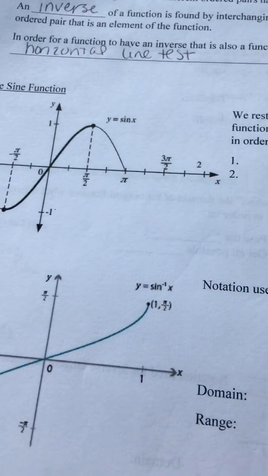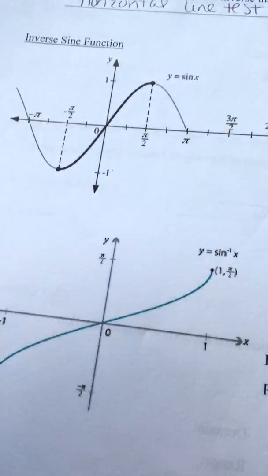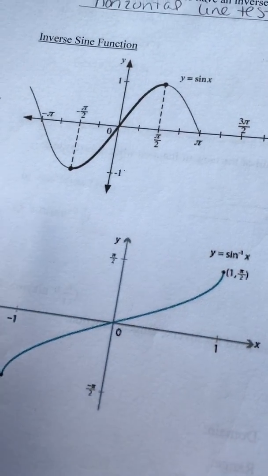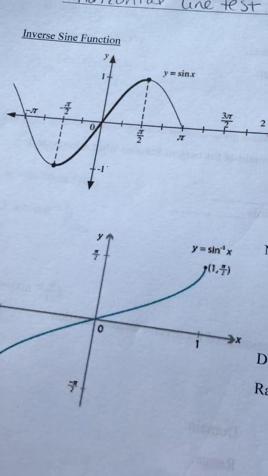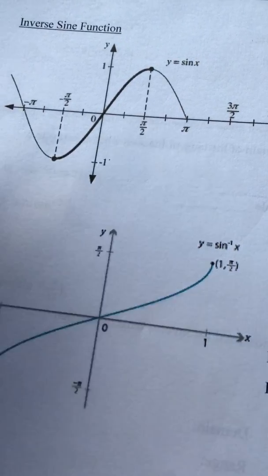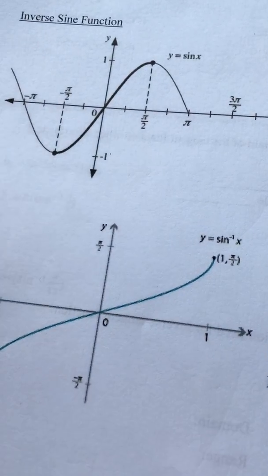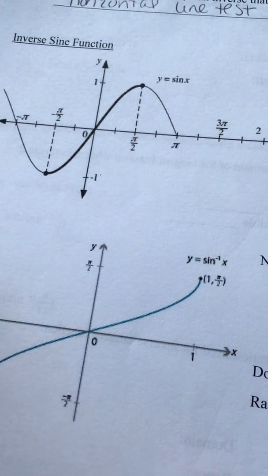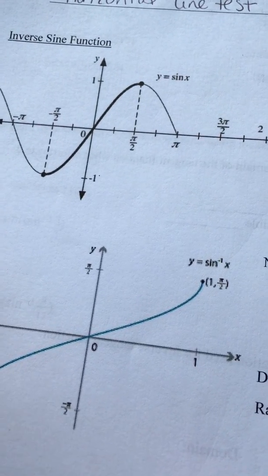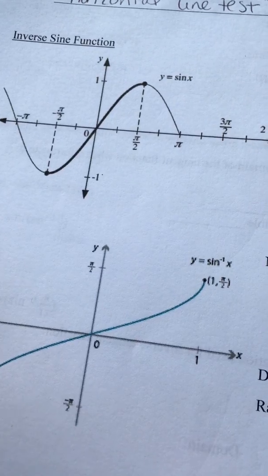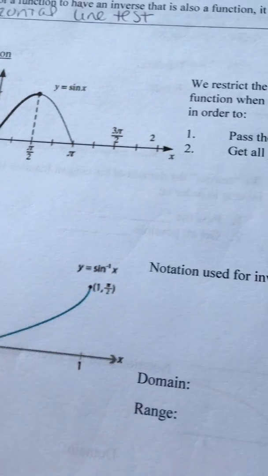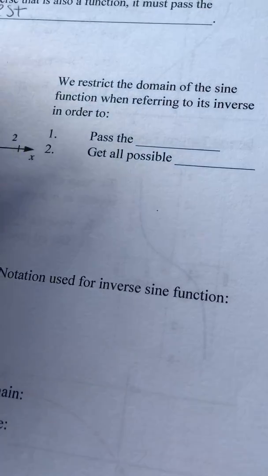All right, so if we look at the sine graph, and we've graphed this thing a bunch, you can see that if you were to draw a horizontal line through this graph, it would fail the horizontal line test. It hits multiple locations. We only want it to hit once. So what we do to force it to work is we restrict the part of the sine that we're looking at. So that's what my little piece on the side here says.